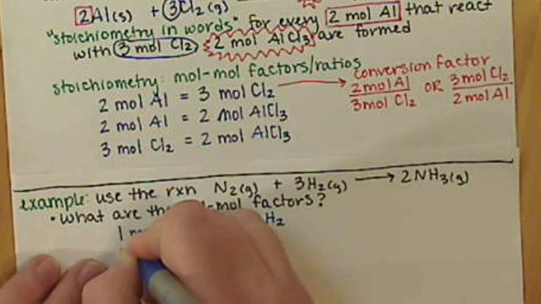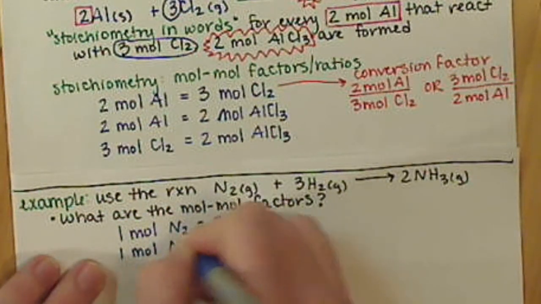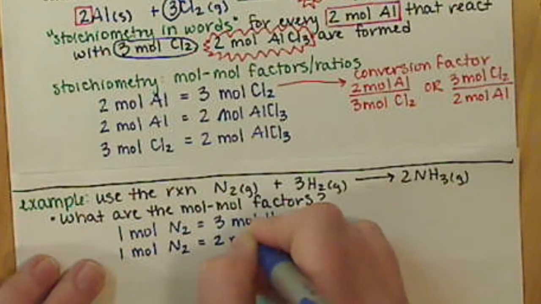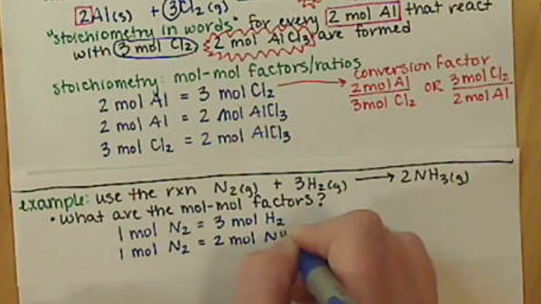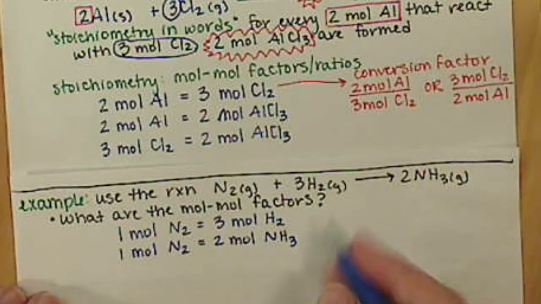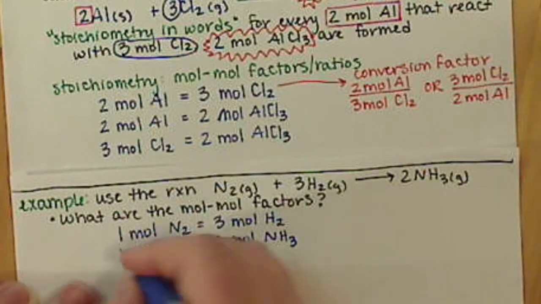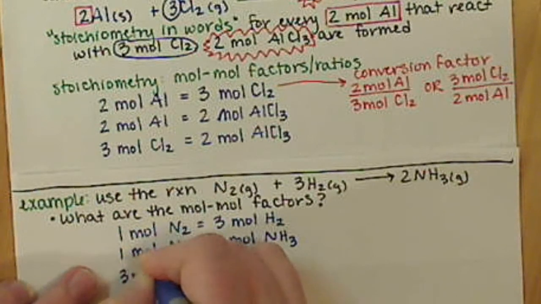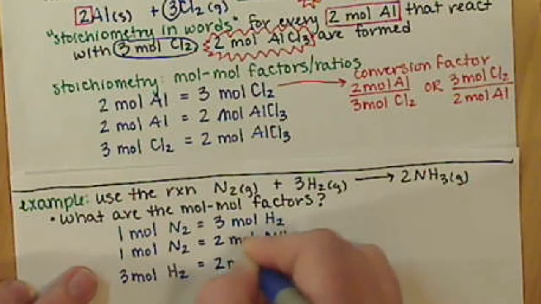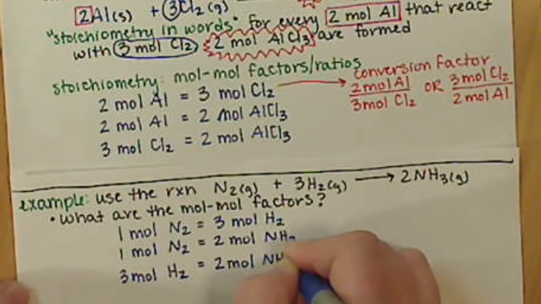Or we can look at 1 mole of nitrogen to 2 moles of ammonia, the NH3. Or our third relationship, we have 3 moles of hydrogen to 2 moles of ammonia.